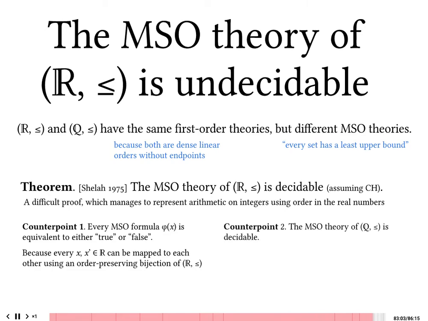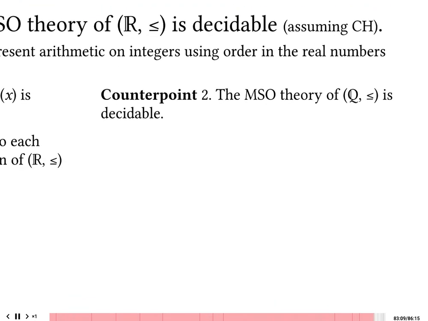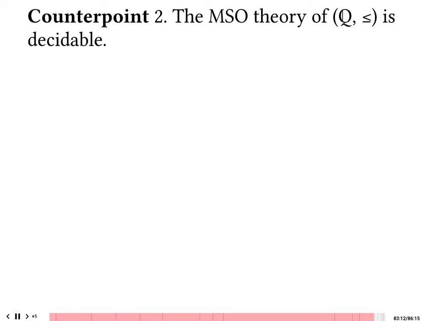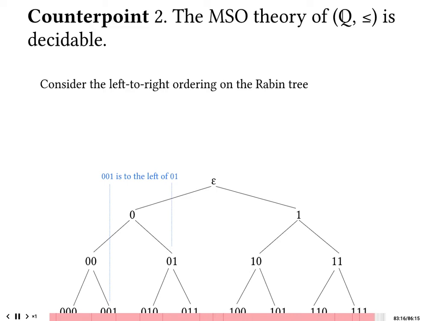A second counterpoint is that the MSO theory of the rational numbers with order is decidable, and it is maybe nice to see this as an application of Rabin's theorem, because if you think about the Rabin tree, you can view it as the rational numbers. Why?